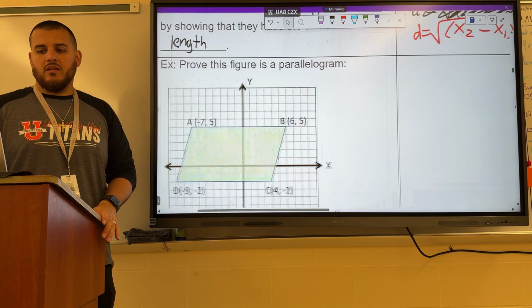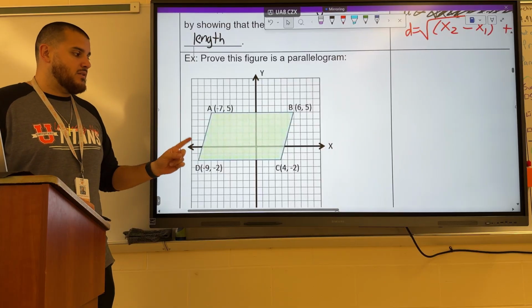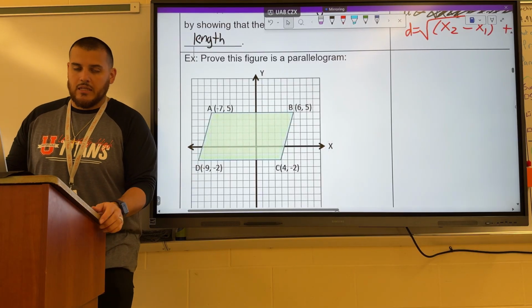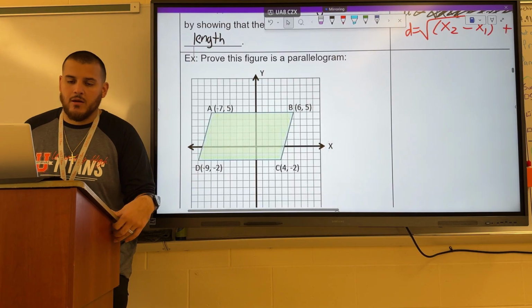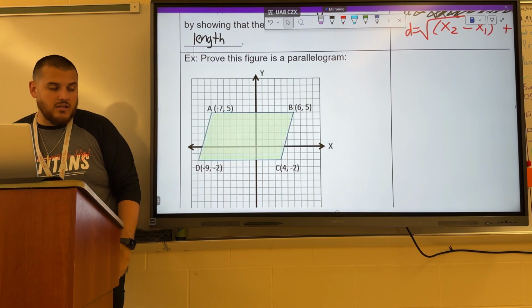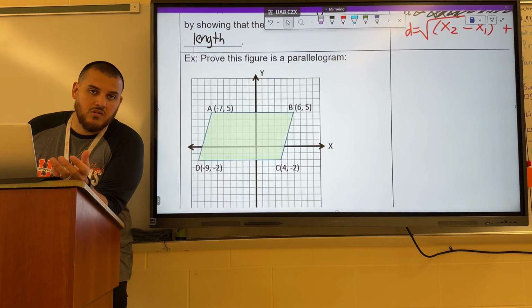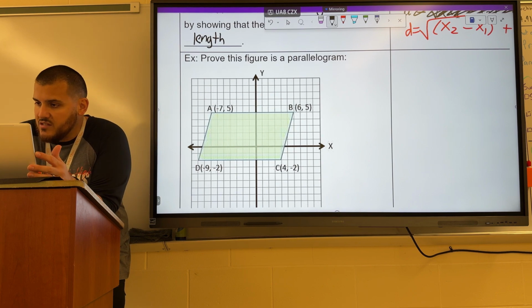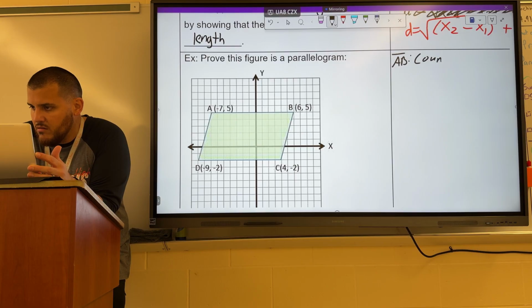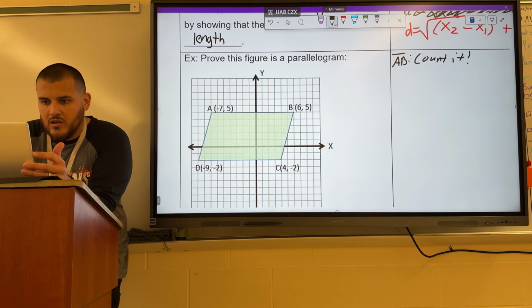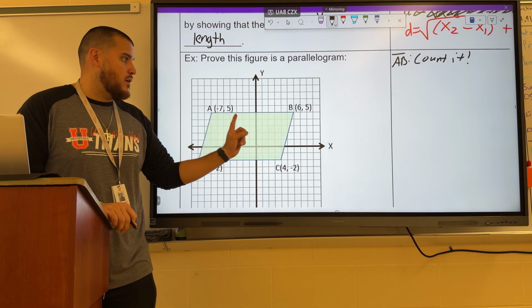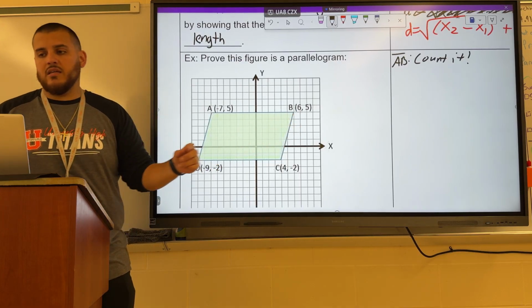And we're going to use it in this figure. We're going to prove that the opposite sides are congruent in this shape to make it a parallelogram. Now again, side AB and side DC, we don't have to use the distance formula on those. We can just count them, all right? So AB, I can just count it with my finger straight across. So we're here at -7 going all the way to +6 on the x-axis.